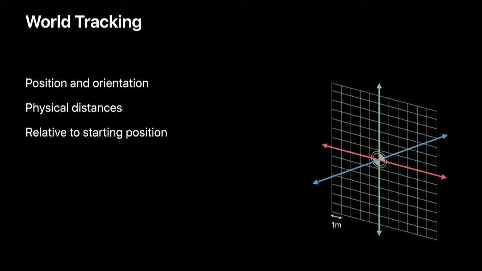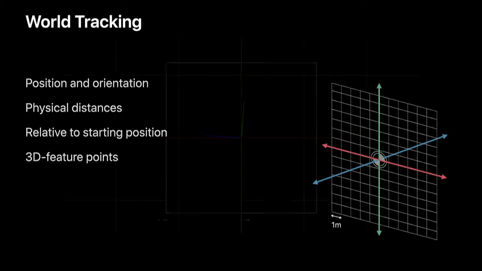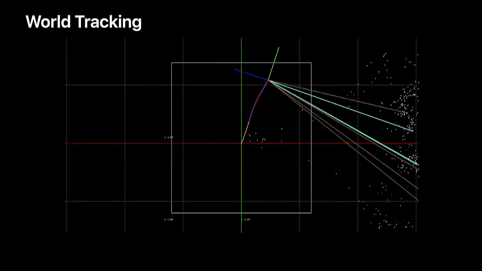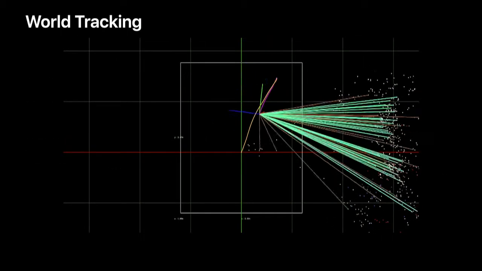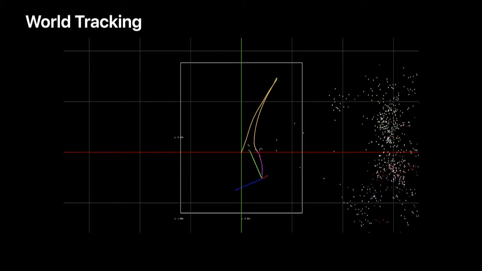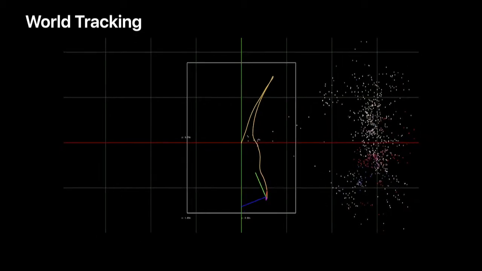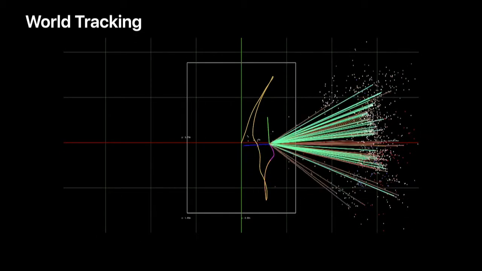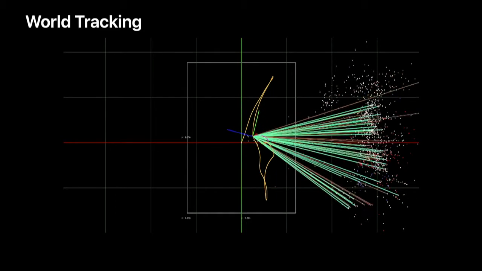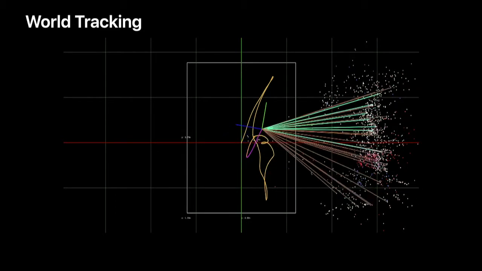So one more function of how world tracking works, we provide 3D feature points. So here's a representation of how world tracking works. It works by detecting features, which are unique pieces of information in a camera image. So you'll see the axis represents my device's position and orientation. It's creating a path as I move about my world. But you also see all these dots appear. These represent 3D feature points that I've detected in my scene.